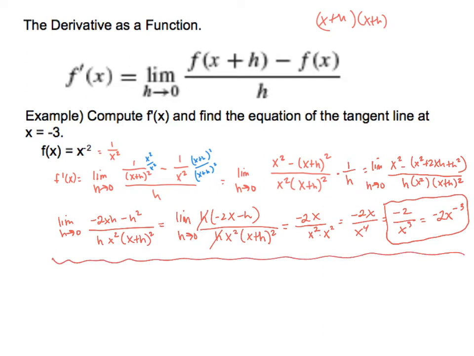Remember, the follow-up question here is what's the tangent line at x equals negative 3? So point, slope, line. Point is the original equation, x to the negative second, or 1 over x squared, with negative 3 plugged in. So it's negative 3, comma, 1 over 9.